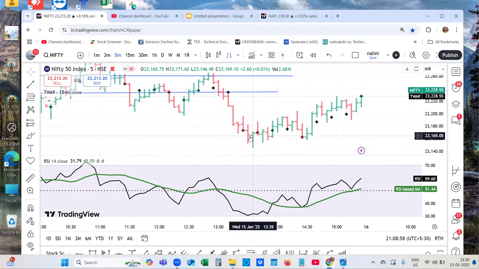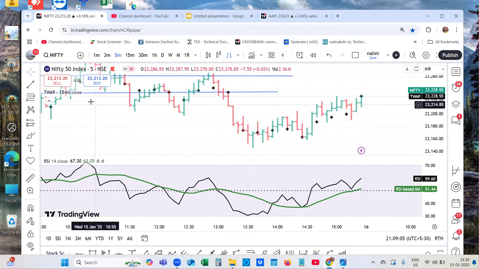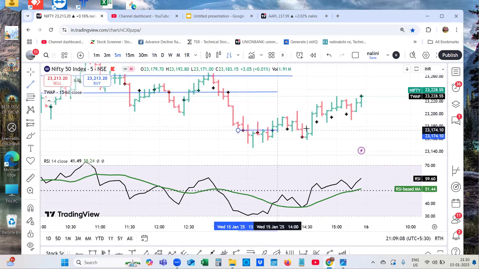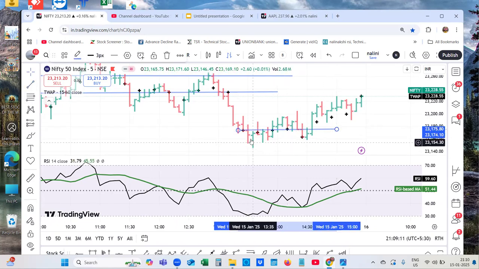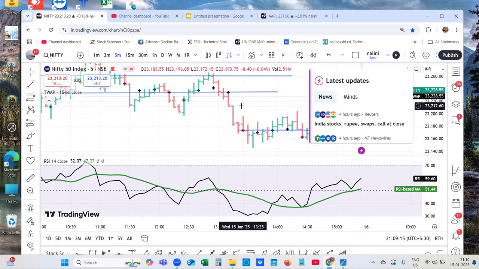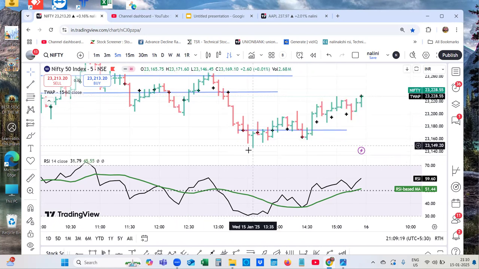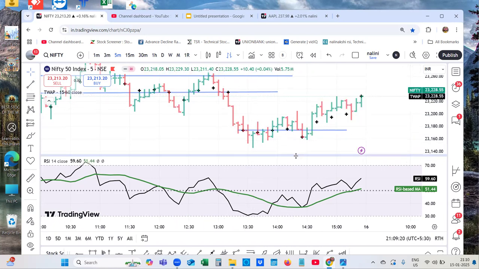See, the price came down and same type of price action. Weighted average price stayed at the same level. That is an ulta of the Apple price action. This is at the bottom.